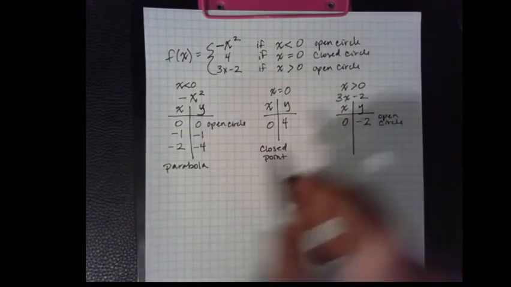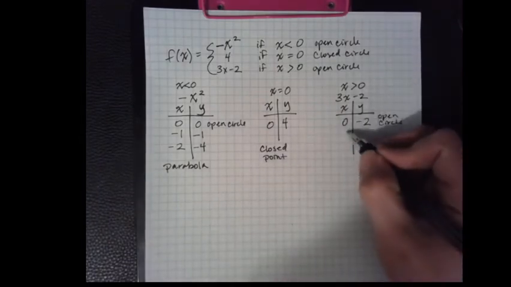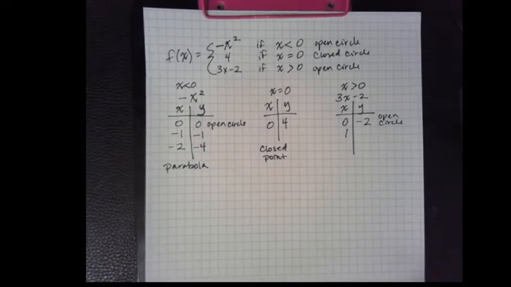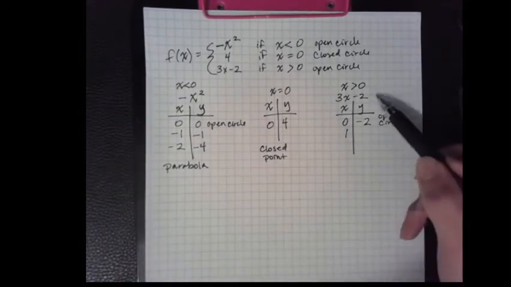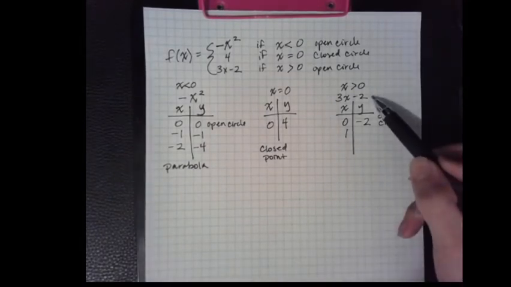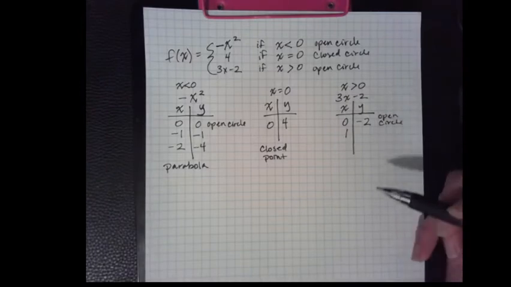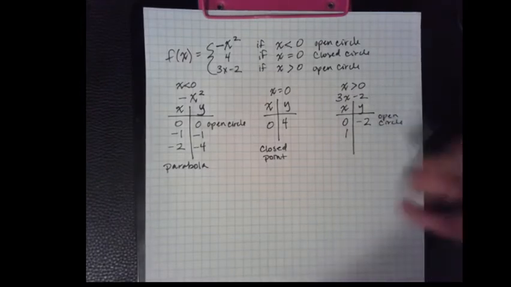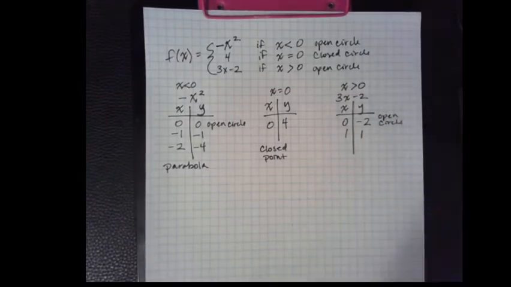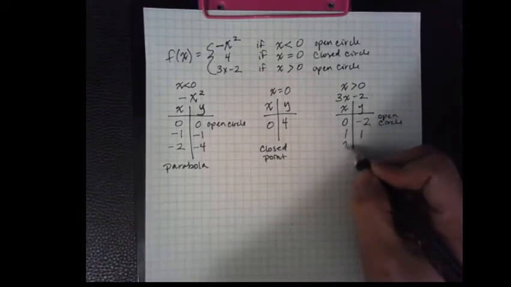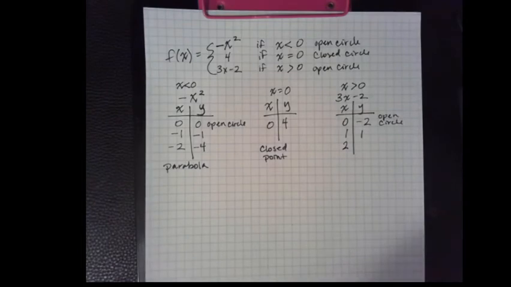Let's go ahead and pick a couple more values to evaluate. We'll keep them small again, so let's pick 1. Plugging 1 into this equation for x, I have 3 times 1, which is 3, minus 2, gives me 1. And for one more value, let's pick 2.